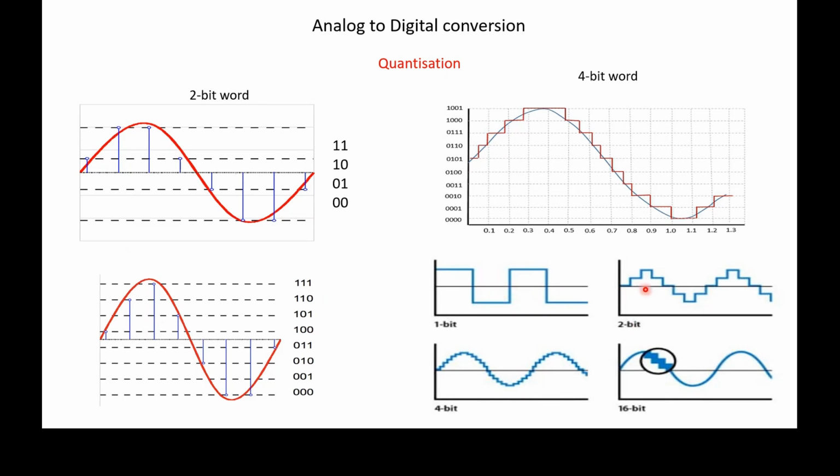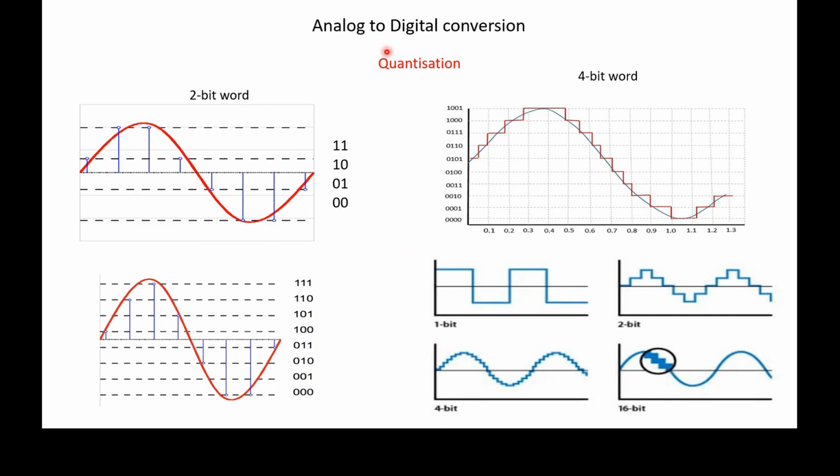Here's 2 bits where, yes, here we are sampling, and we have 2 levels of signal. And again, it looks kind of like a sine wave. But if we go to 4-bit, it looks quite good. If we go to 16 bits of numbers that we can put it into over this range of signal, then it looks very good. And only if we look carefully at it would we see the steps between each sample.